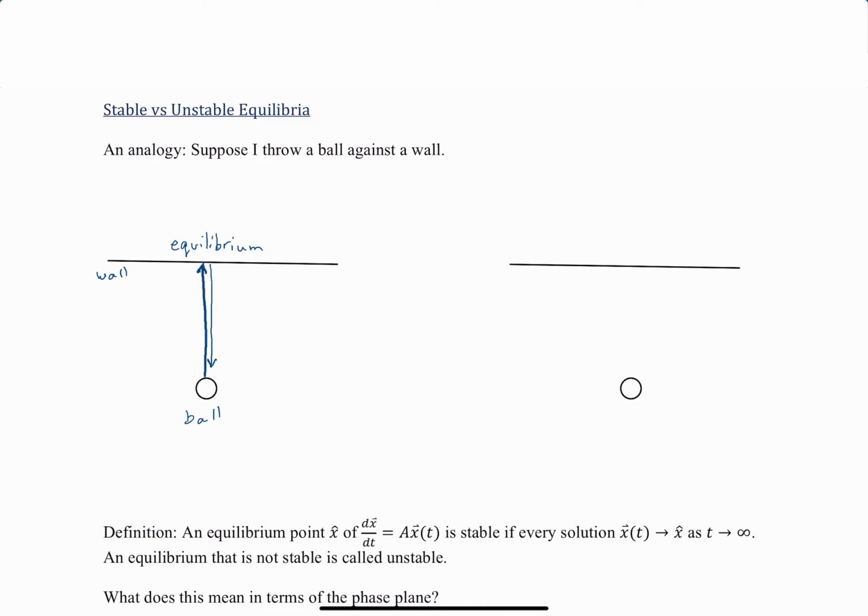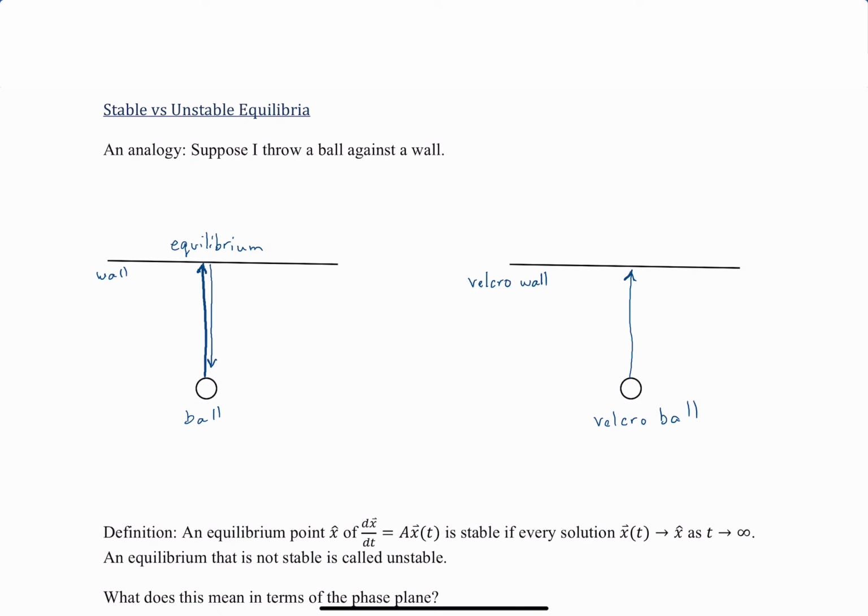Now let's suppose my wall has Velcro on it. So I have a Velcro wall, and let's say I'm throwing a ball made out of Velcro. So I have a Velcro ball. I throw it against the wall, and it can't keep going forward. The wall stops it.